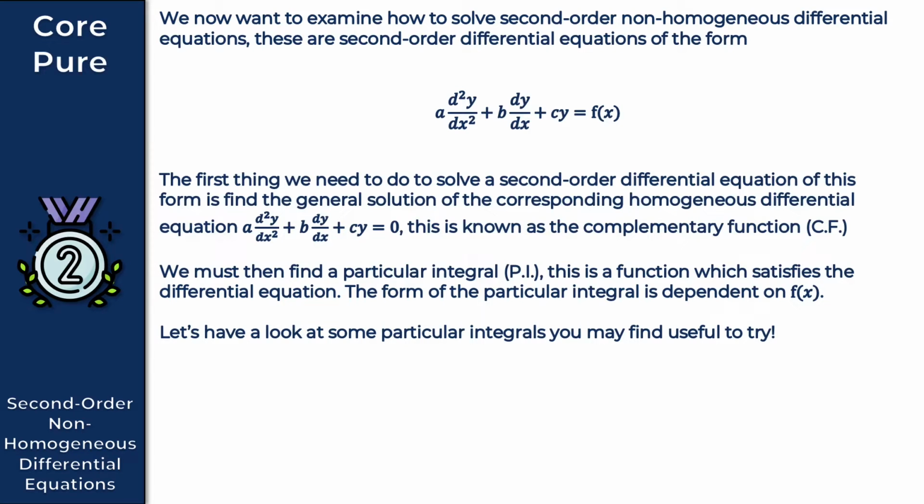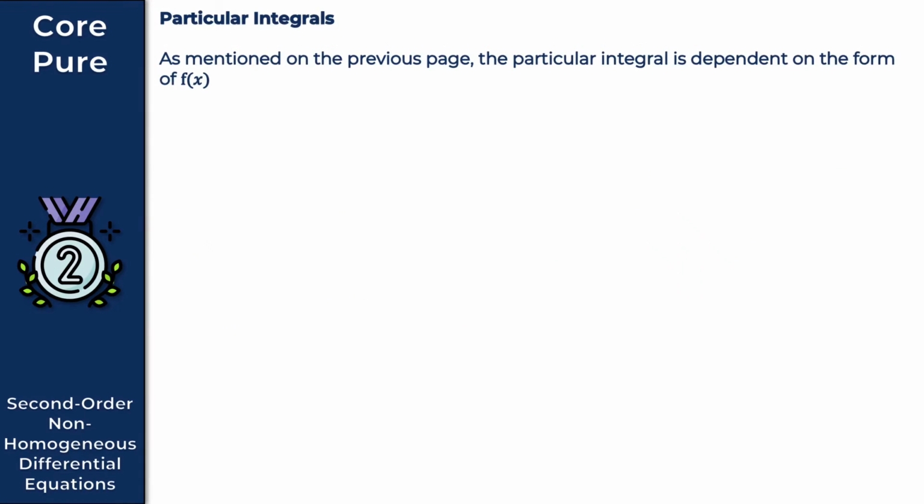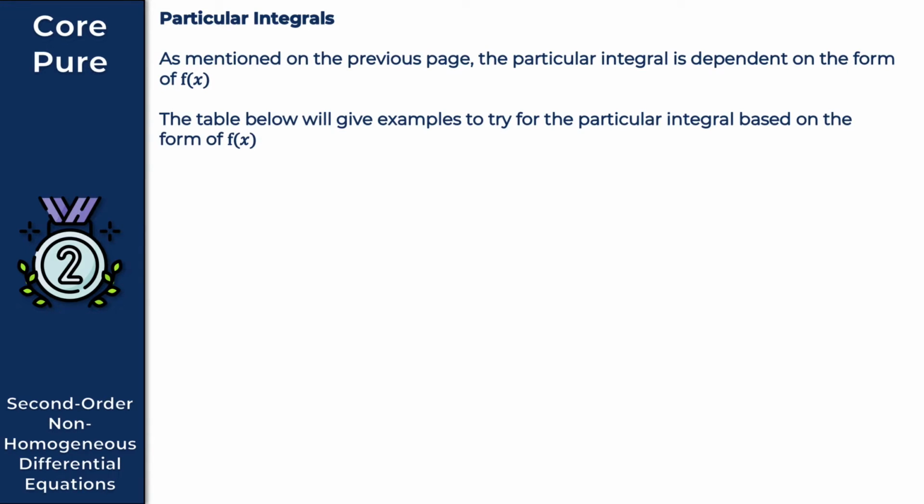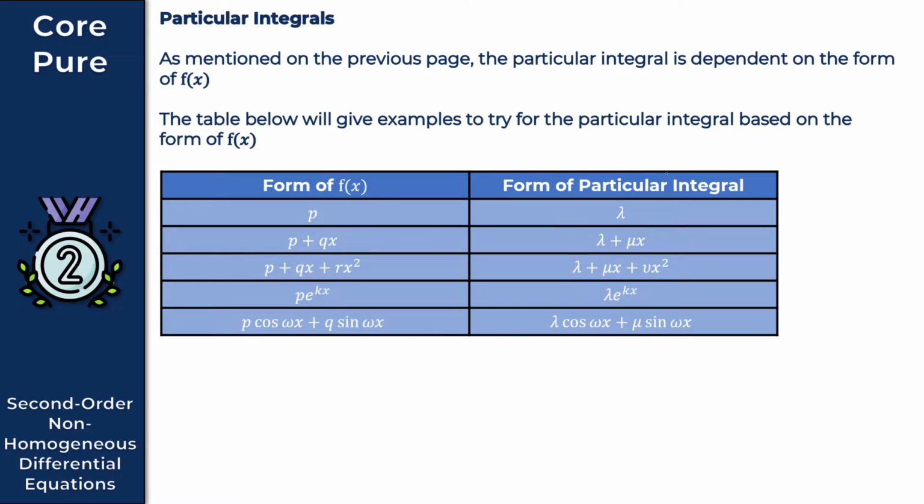So let's have a look at some particular integrals you might find useful to try. As we mentioned on the previous page, the particular integral is dependent on the form of f of x. The table below will give you examples to try for the particular integral based on the form of f of x. In the left-hand column, we have the form of f of x, and in the right-hand column, we have the form of the particular integral.